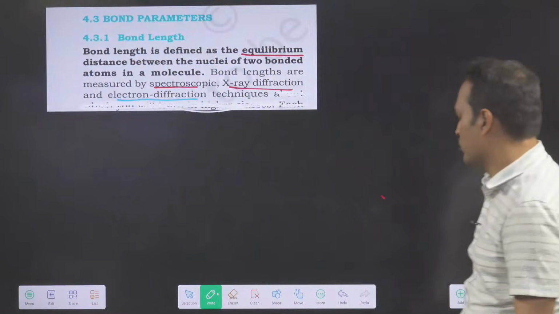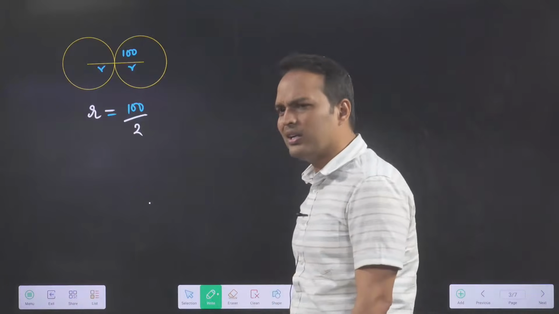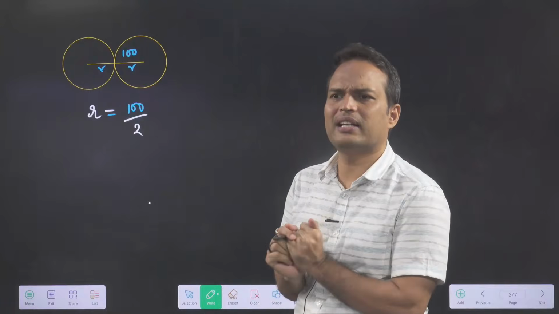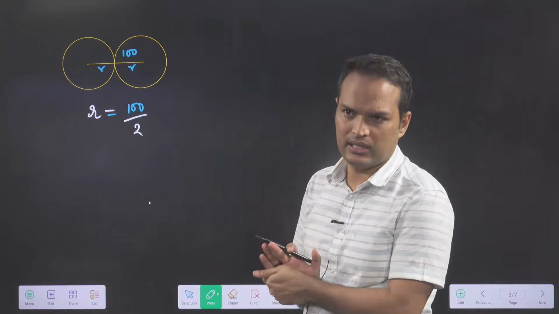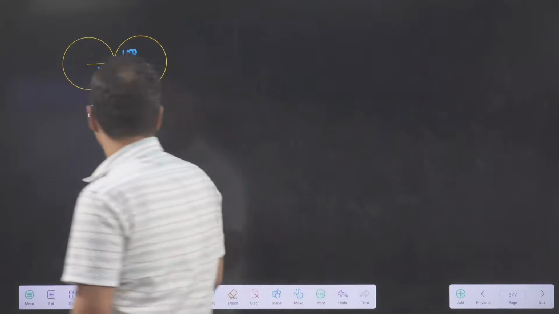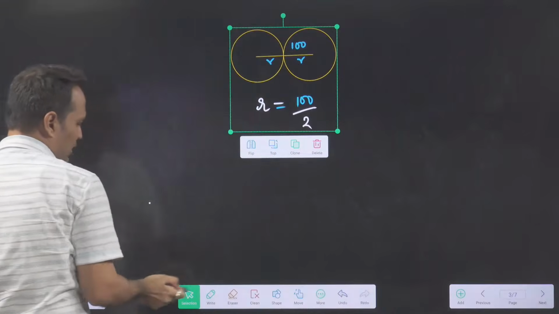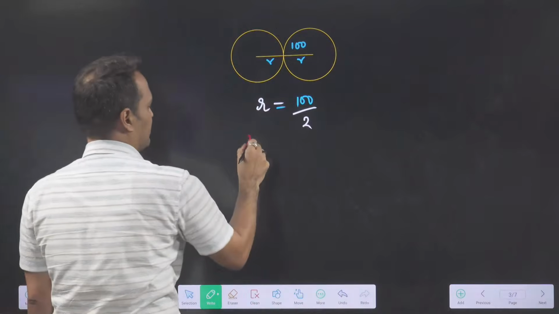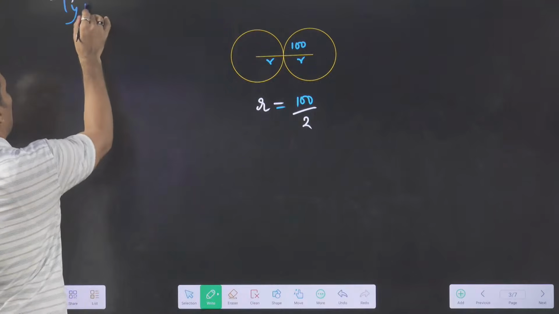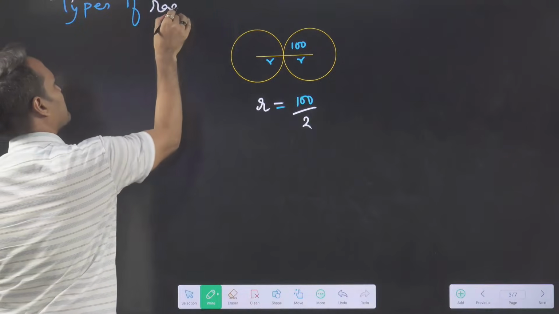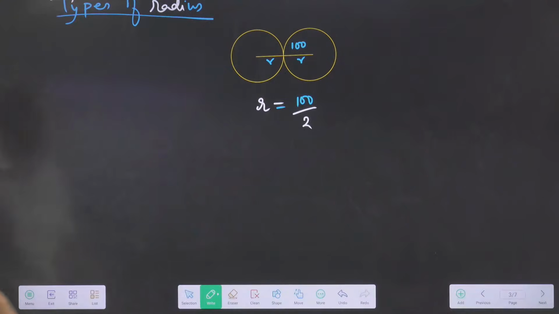So you have told me the bond length definition, very good. Now let's go to the next point. There are different types of bonds, so there will be different types of radius. Heading: types of radius, types of atomic radius, ionic radius, many things are there.